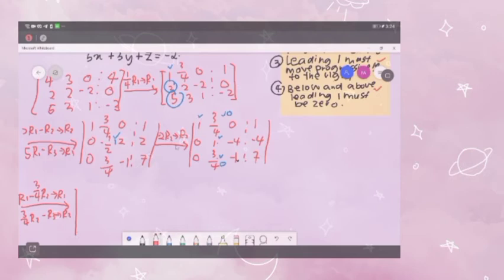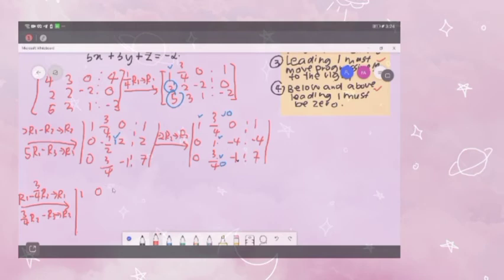so for row number 1, row 1 minus 3/4 row 2, so 1 minus 0, because 3/4 times 0 is 0, is equal to 1, we put it in row 1. Okay, so 3/4 minus 3/4 is equal to 0, and here is 0 minus 4 times 3/4, so is equal to 3.